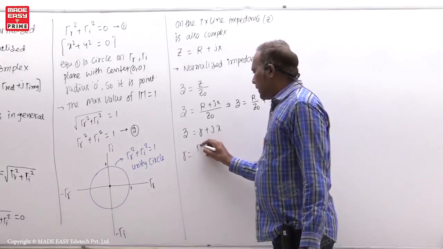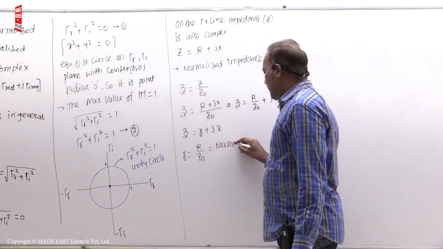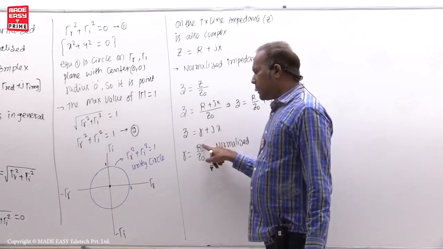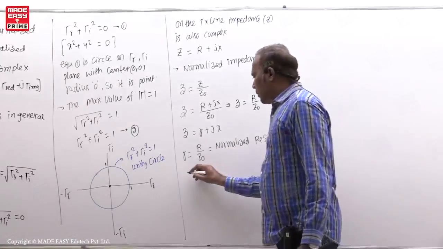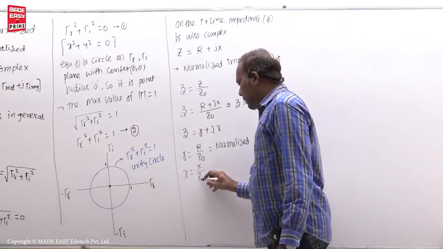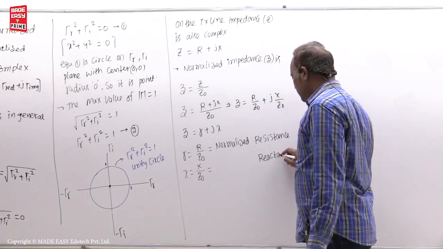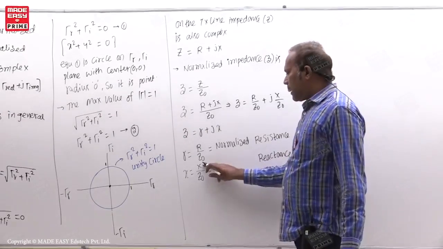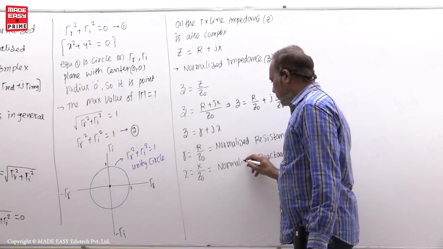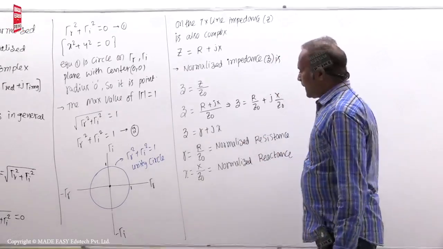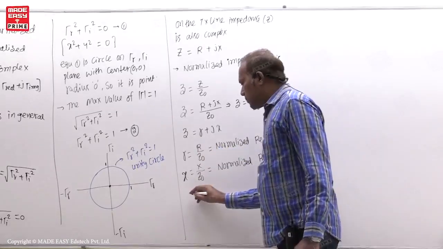Small r is equal to capital R by Z naught. This is called normalized resistance. Resistance divided by Z naught is called normalized resistance. Can you tell me what small x is? That is capital X by Z naught. Capital X is actually reactance, and reactance divided by Z naught is called normalized reactance. Now, what is small z?